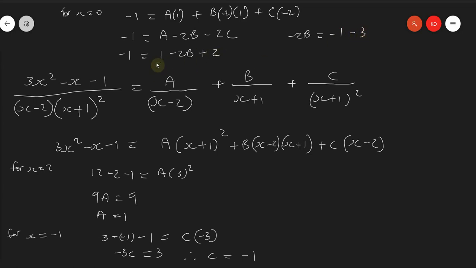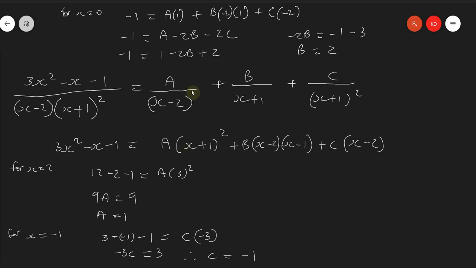We bring the 1 and the 2 over this side, so therefore we are subtracting a 3. So b is equal to, and that's negative 4 divided by negative 2, so that's just 2. So there we have it, b equal 2, a equal 1, c equal negative 1.